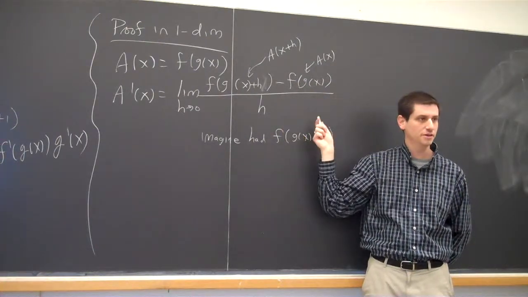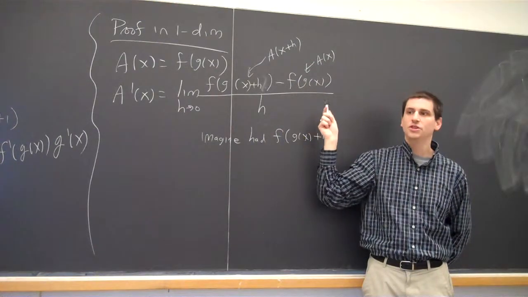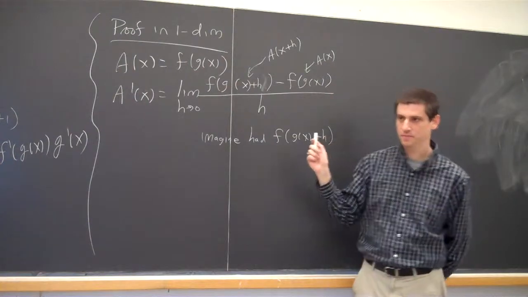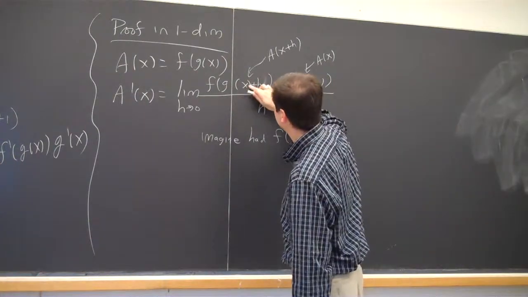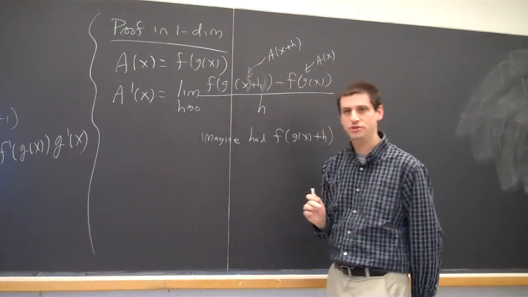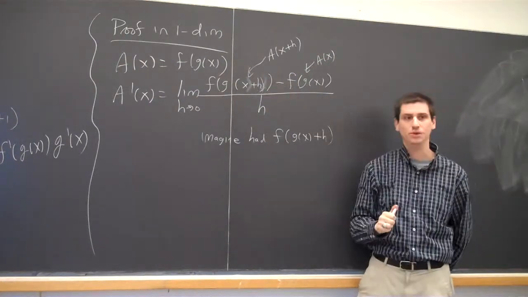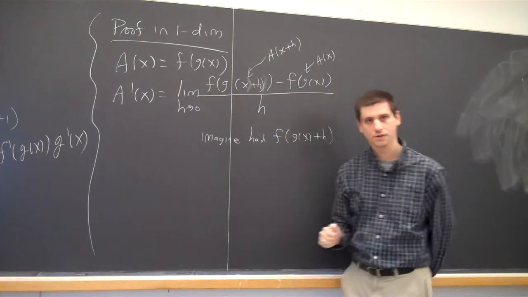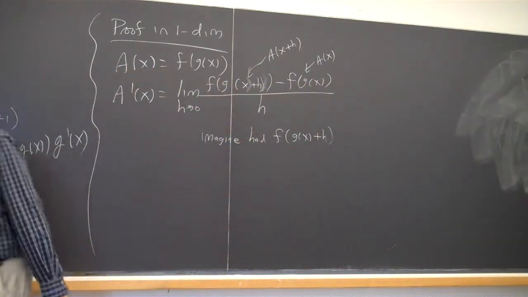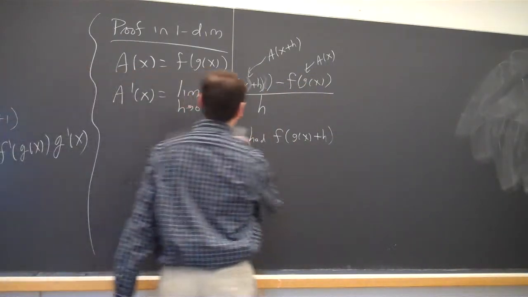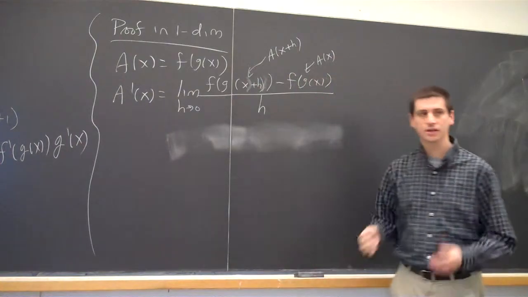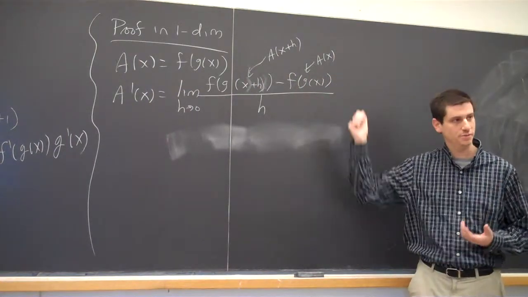It's going to look like the derivative of f at a. Okay, so if I could just move the parentheses inward, it would be f prime at g of x. That's close to what the answer is. It's not exactly what the answer is, but it's close. Okay? So this suggests an idea on how to proceed. We can begin to see the f prime at g of x from here.